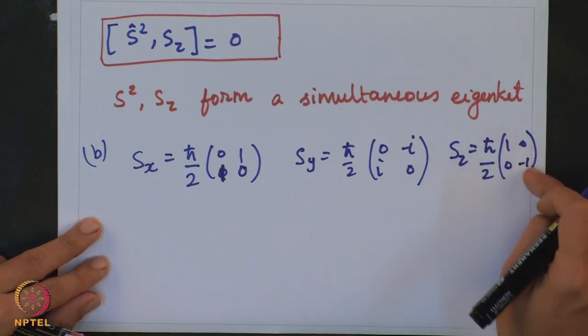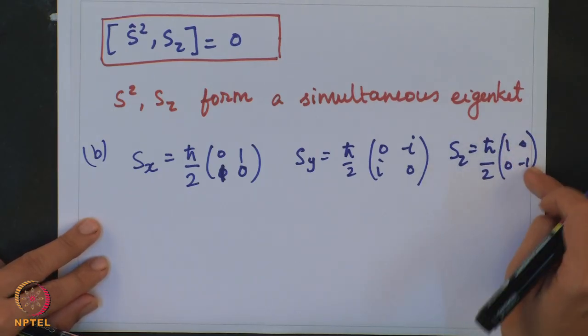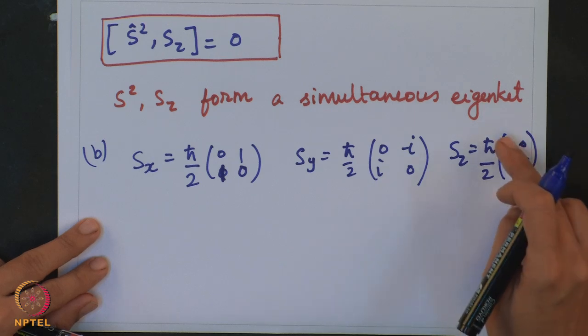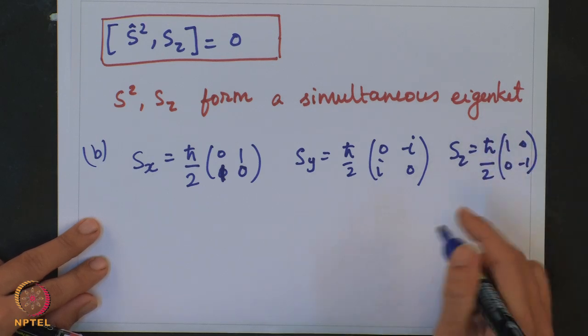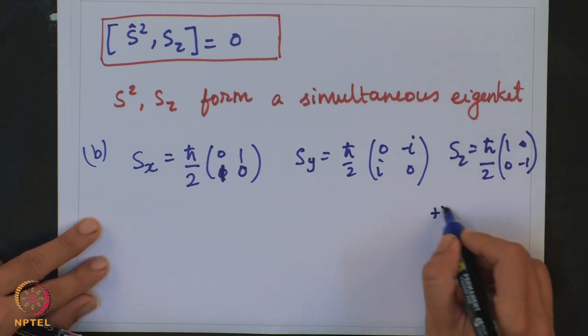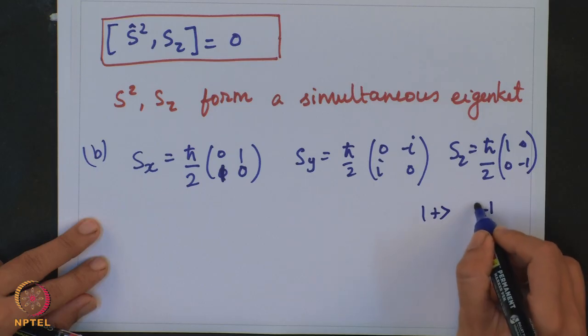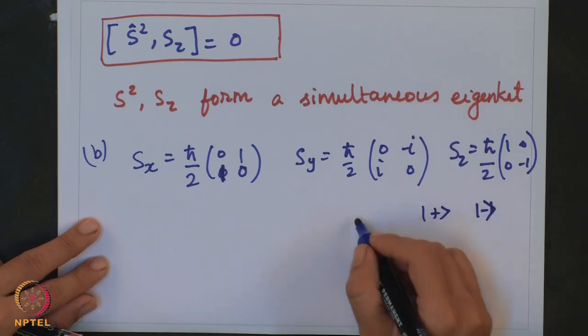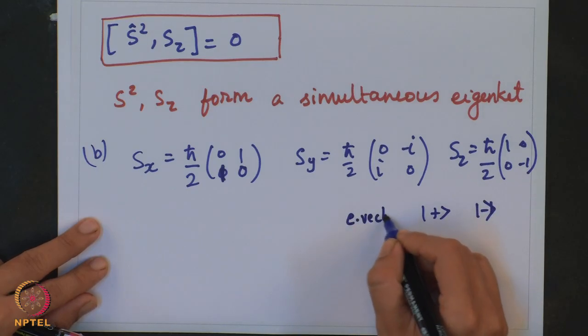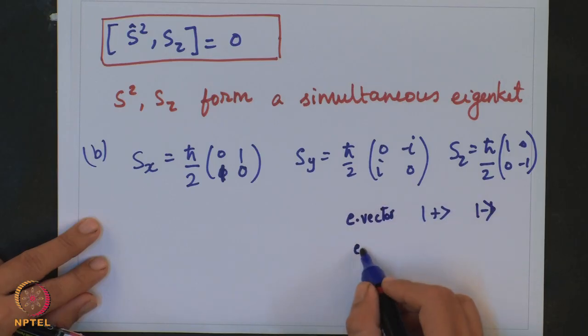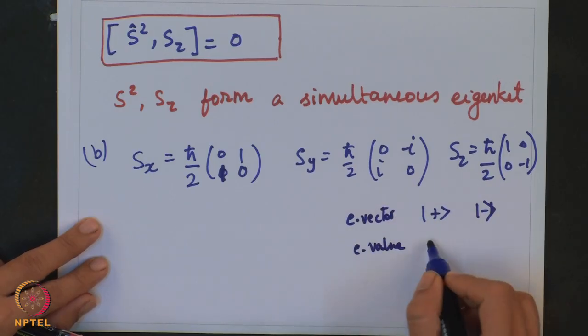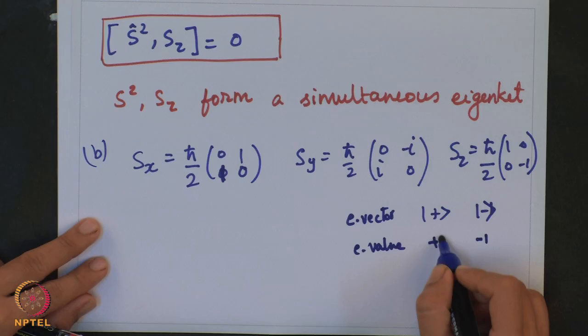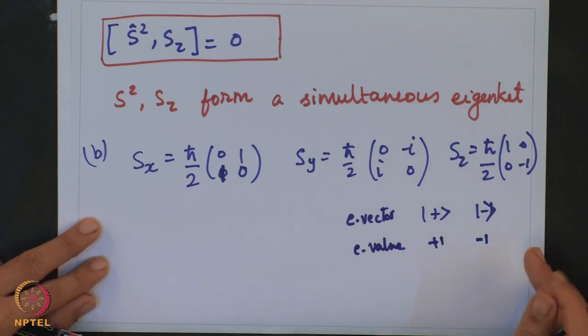So, you can infer from here that it will have eigenvalues plus and minus ħ/2, and the eigenvectors will be of the form plus and minus kets. So, these will be the eigenkets, and it is very simple to infer from this.